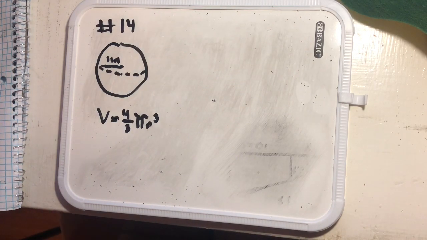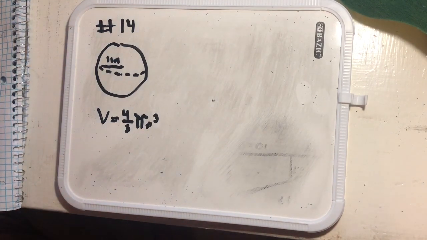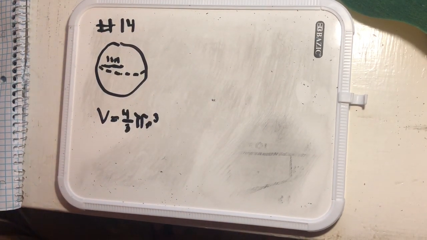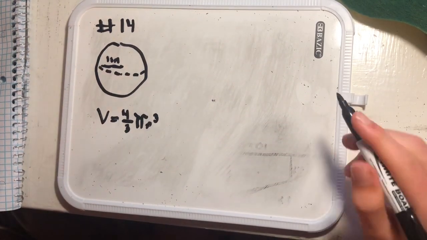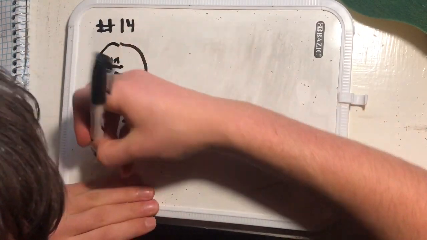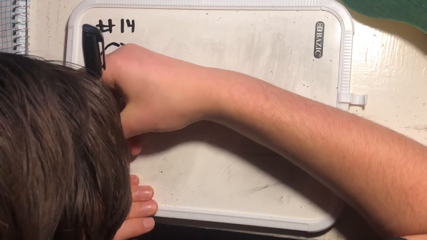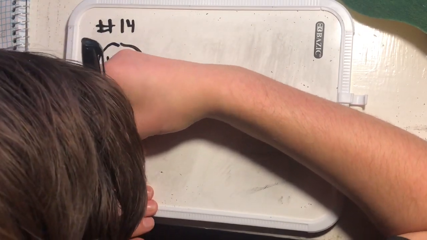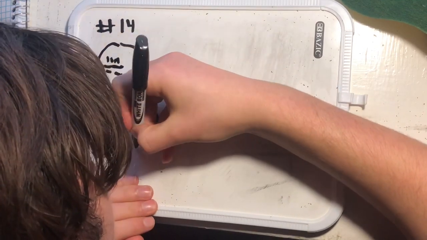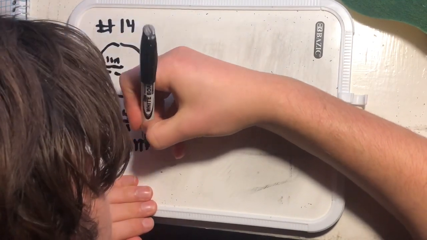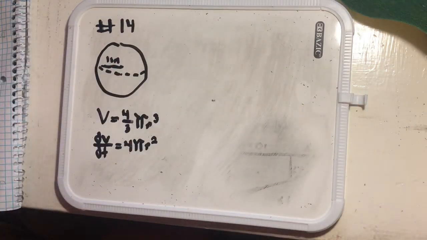So, since we're looking for how much the volume is increasing with respect to time, we need to take the derivative with respect to time. So that would be dV dt, which is equal to 4 pi r squared.